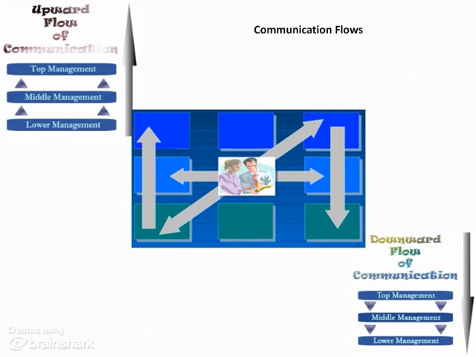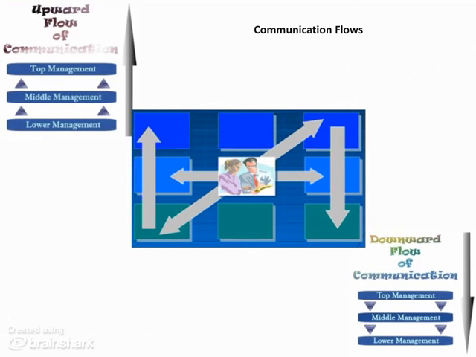Downward communication adds to employee satisfaction, or at least it has that potential. It can lead to information overload, which is not necessarily bad. It is more effective when written communication is accompanied by face-to-face communication.